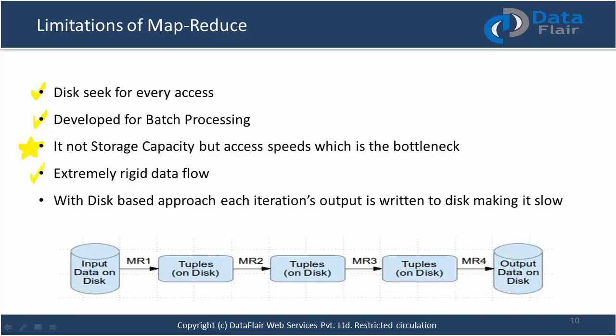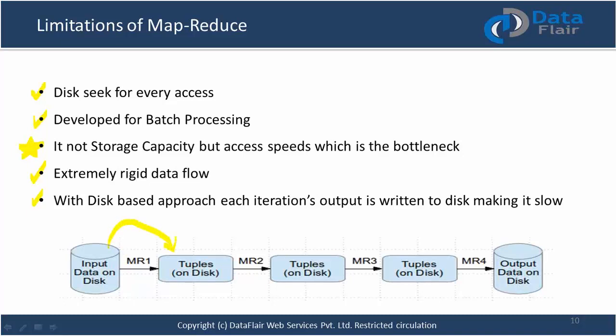MapReduce data flow is extremely rigid. Map, then reduce, map, then reduce, and so on. With a disk-based approach, each iteration's output is written to disk, making it slow. Guys, first time reading MapReduce, and I'm showing you the example of chaining. First MapReduce is reading the data from disk, writing back to the disk.